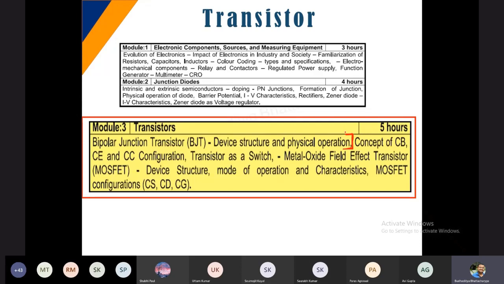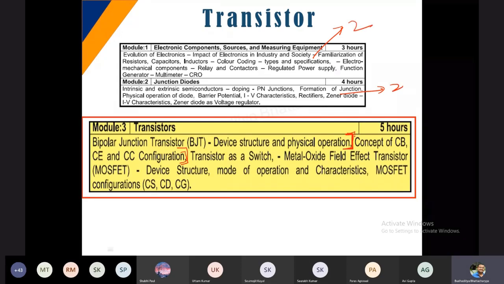Although I might touch upon points till the configuration as well, most probably that won't be part of the question for your CAT 1. Did I make sense? Is it fine? So module 1, module 2, and the portion till device structure and physical operation.